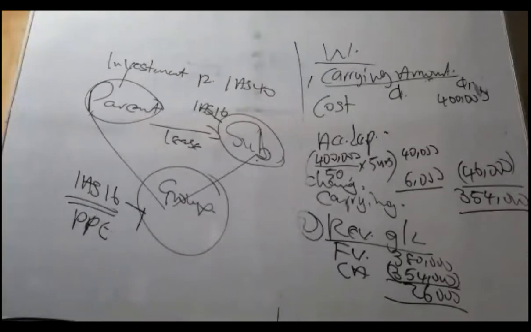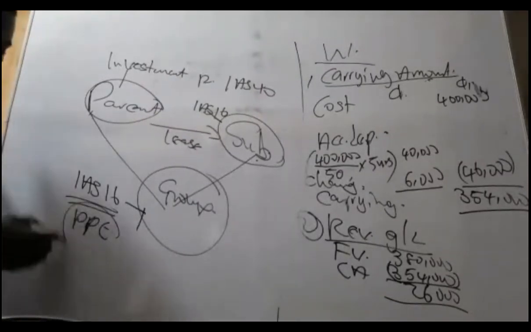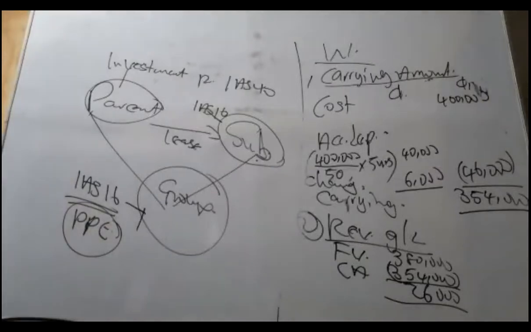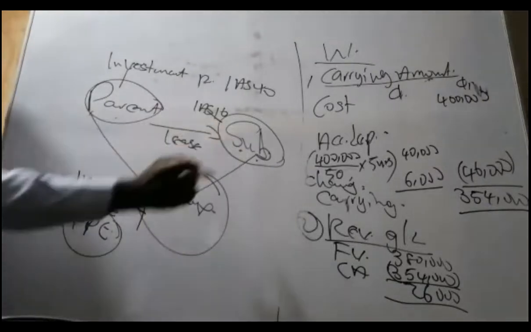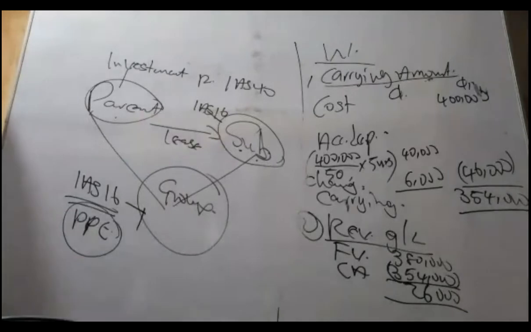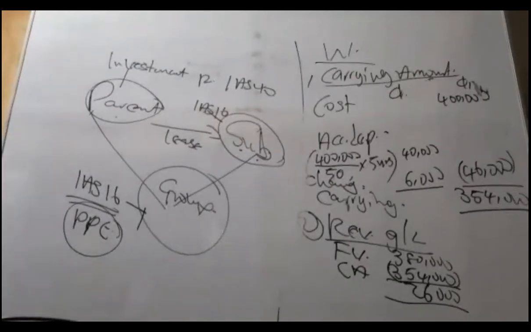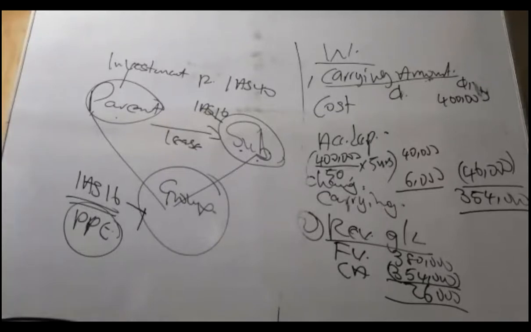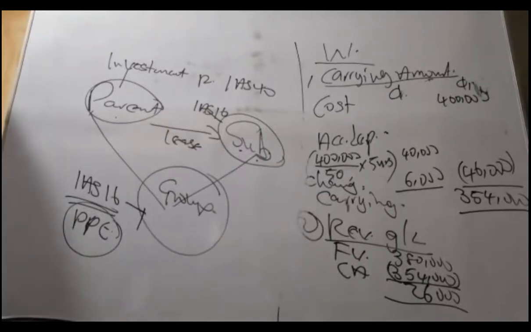Now try this. In the group, it will be recorded as PPE. Why? Because the parent and the subsidiary, they are one. You cannot rent something to yourself. The parent and the subsidiary accounts must be prepared as if they are what?